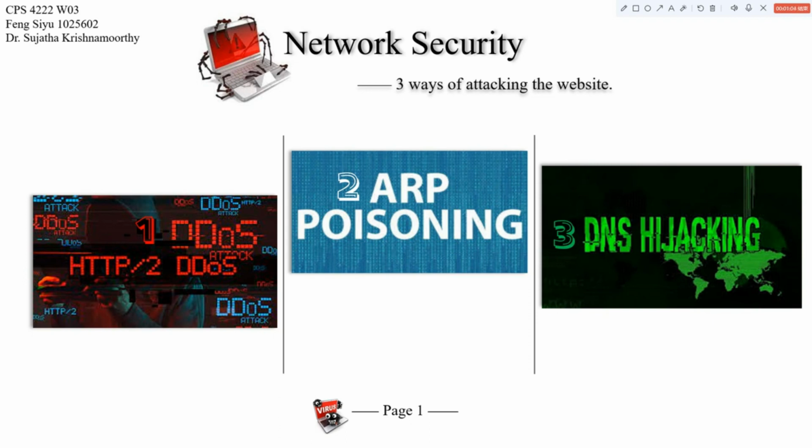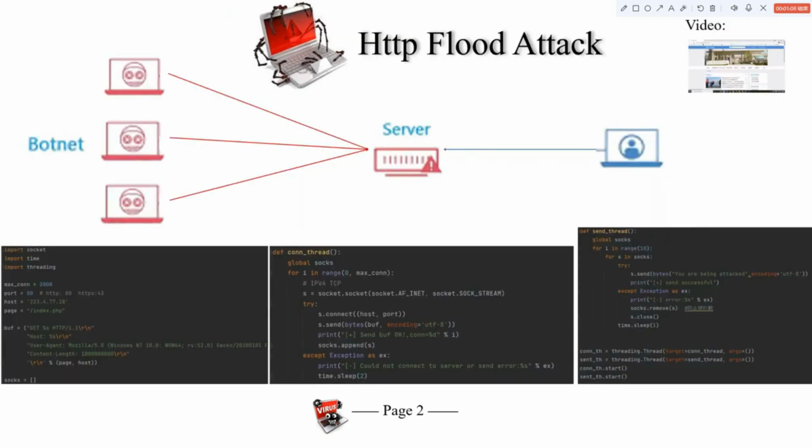Let us start with DDoS over HTTP, which can also be called an HTTP flood attack. The general idea is that when a user wants to access a website, what he really does is send a request to that website server, and then the server will send him some response message according to that request.